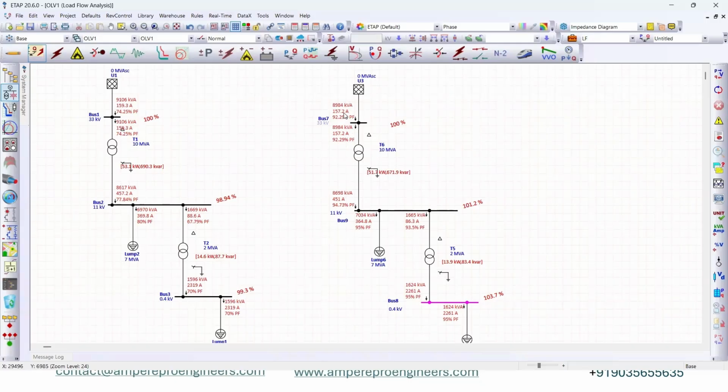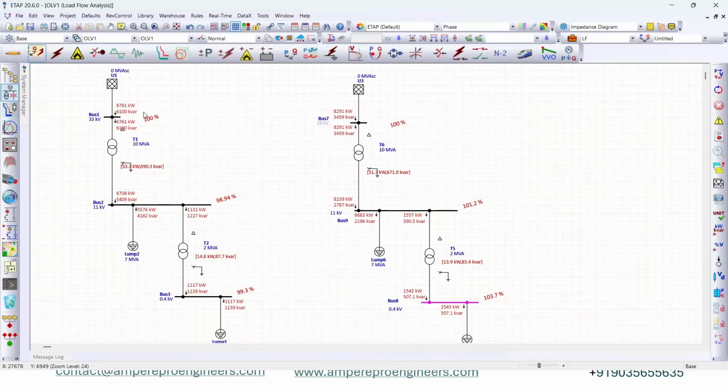This is the reason utility companies care when you draw more apparent power from the grid. Here you see the reactive power. Can you see that?